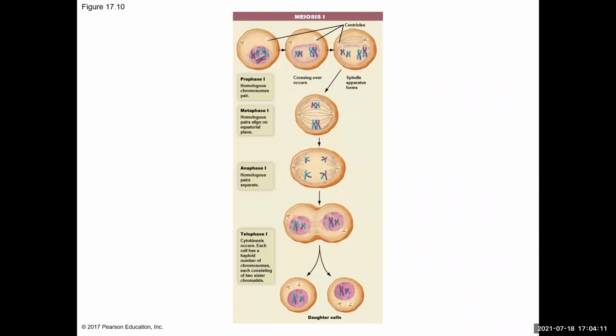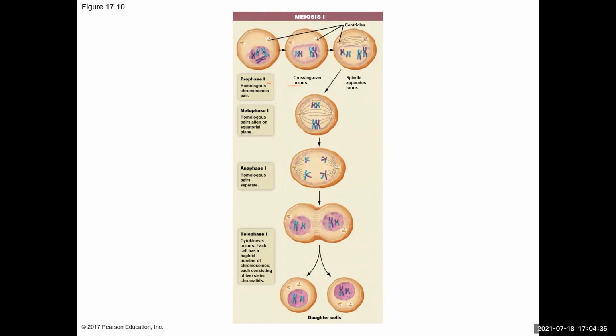And now this figure here kind of goes through the summary of meiosis 1, right? So remember, you have prophase 1, where the nuclear envelope breaks down. Your homologous chromosomes line up. Crossing over happens, and that's only in prophase 1, right? And then those homologous chromosomes will line up on the metaphase plate.